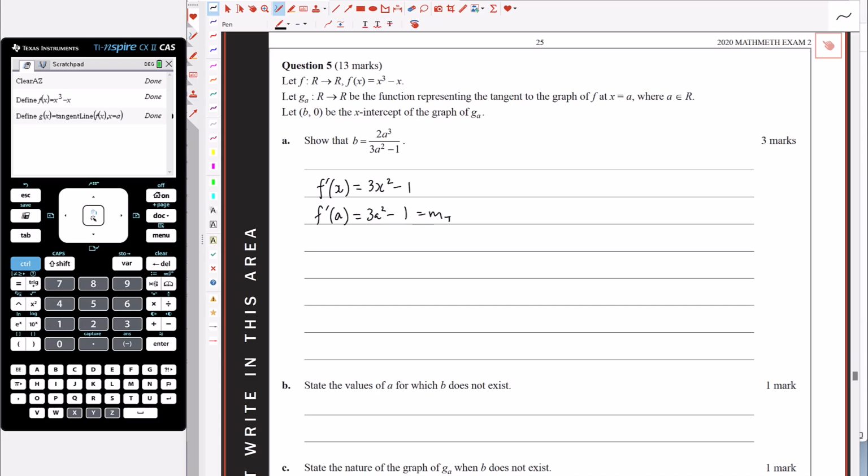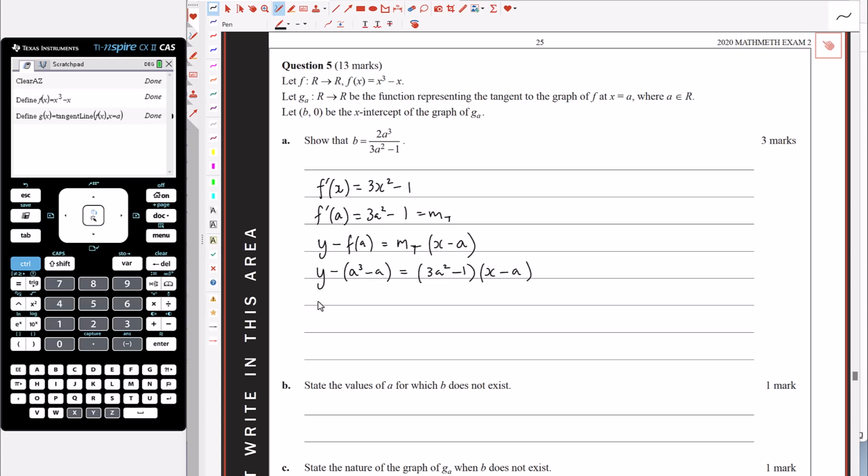And so the equation of my tangent is going to be y minus the y coordinate, which will be f at a, equals my gradient of my tangent times x minus my x coordinate, which is a. So that is going to be y minus f at a, which is a cubed minus a, equals the gradient of the tangent, 3a squared minus 1, times x minus a.